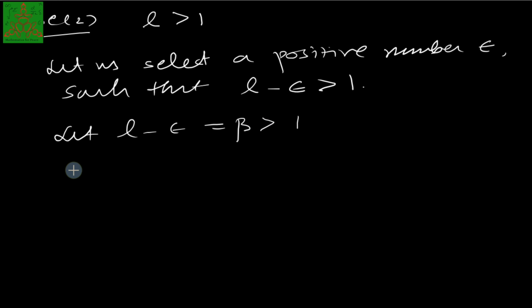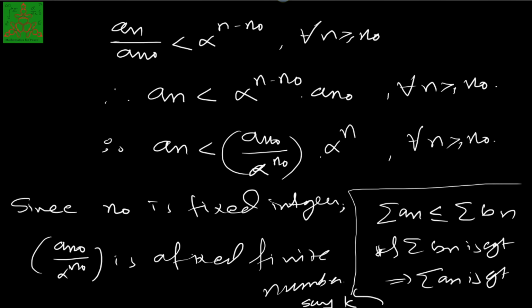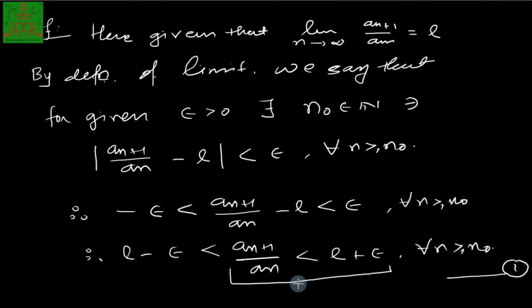And since we are given that the limit of a_(n+1) upon a_n is equal to L because of equation number 1, so using inequality 1, now instead of using the inequality that we used previously, we will now use this one.